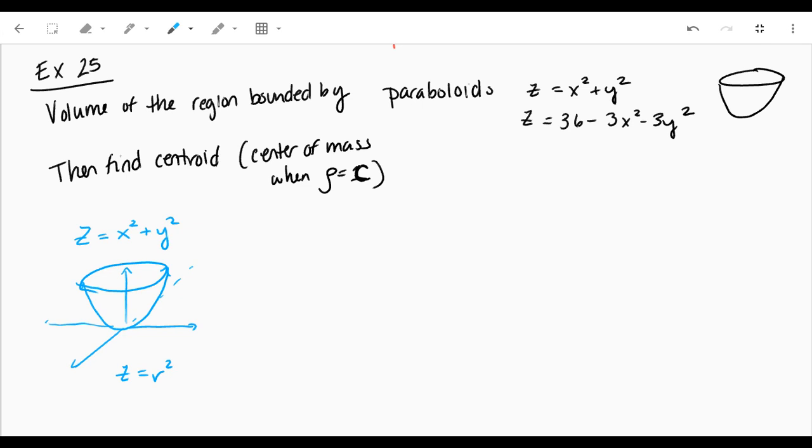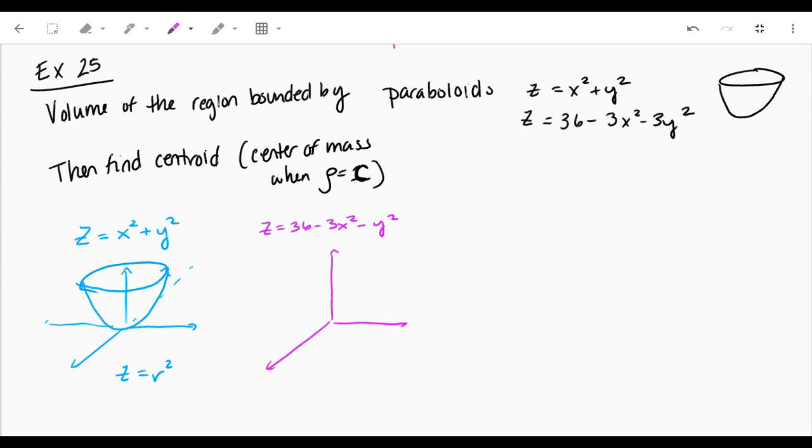Then our other paraboloid: we have z equals 36 minus 3x squared minus y squared. That one's a little bit tougher to figure out, but you can still do it. It's just that 36 kind of throws you off.